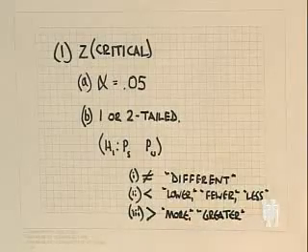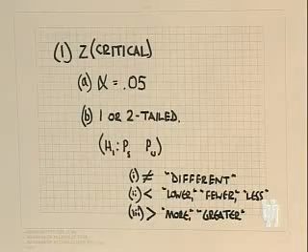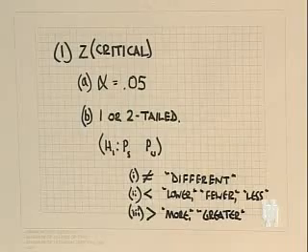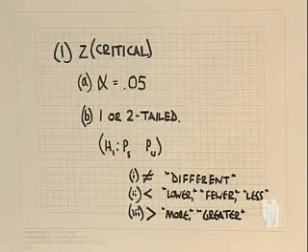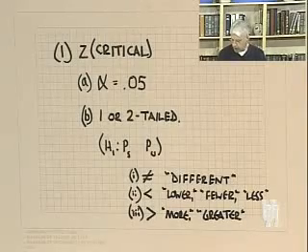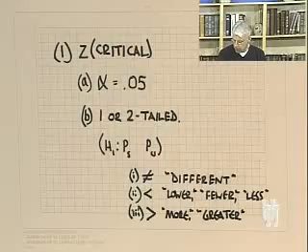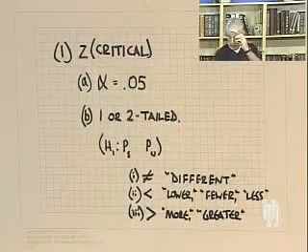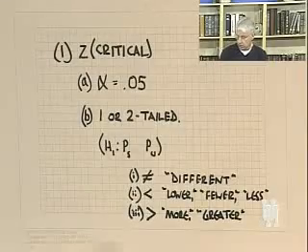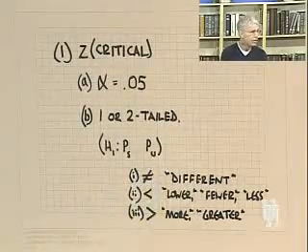Let me ask you, what is the research hypothesis in this particular problem? There's one suggestion that the research hypothesis is that P subscript S is not equal to P subscript U. By that I presume you mean significantly different from.